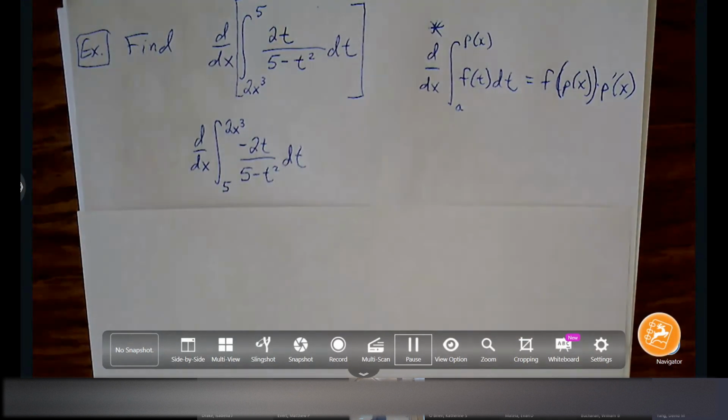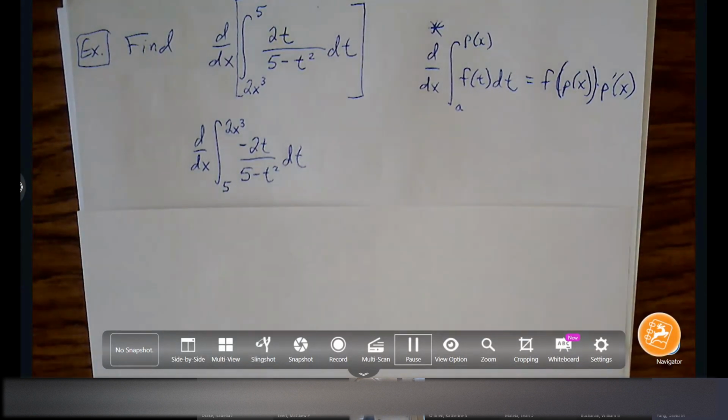So now we just follow the rule, right? F of p of x, go ahead and replace every t value in your expression with my upper bound. Keep track of your exponents, and then multiply by the upper bound's derivative.